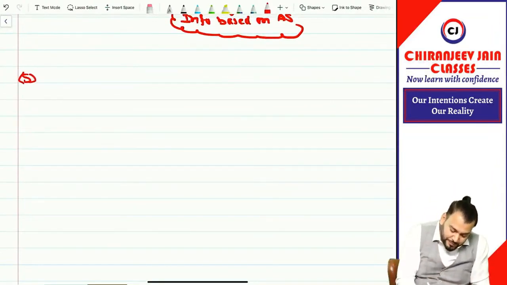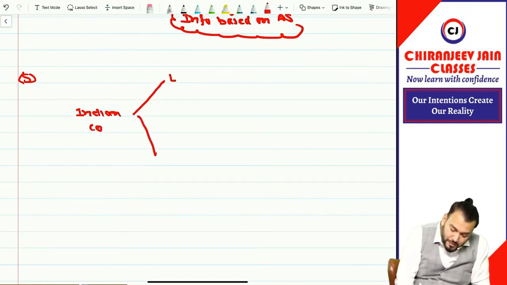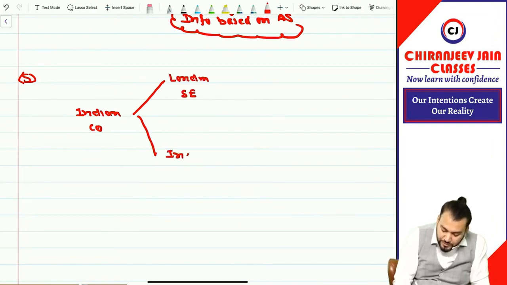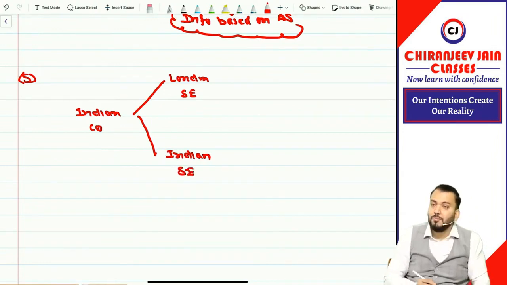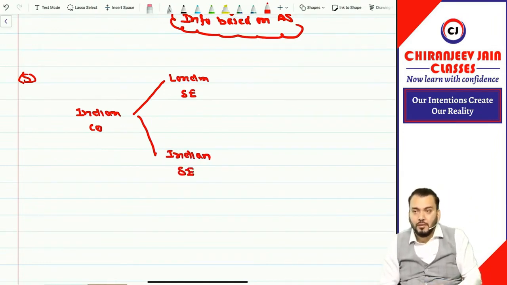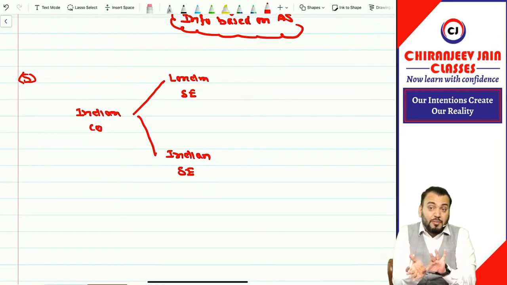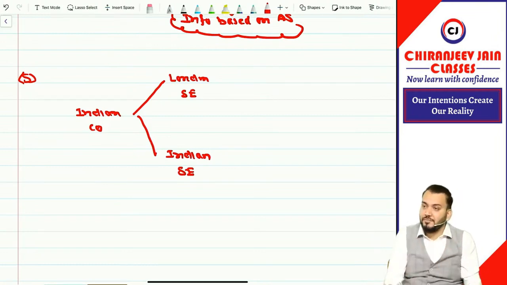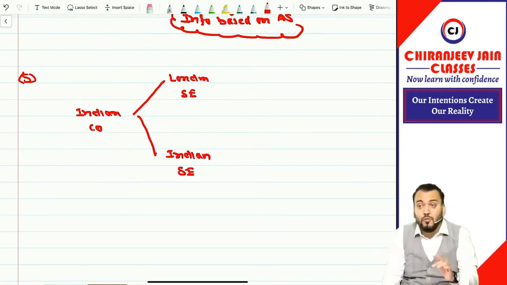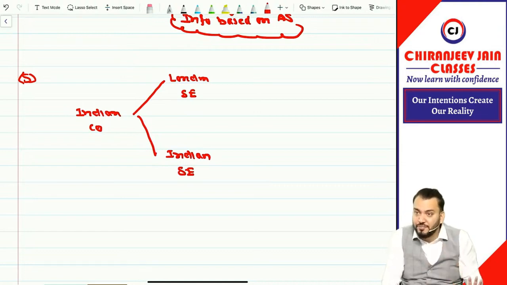Suppose there is one Indian company which is listed on the London Stock Exchange and the Indian Stock Exchange. Quite possible. This I am saying before 1/4/2016. Now they need to fulfill the requirements of both stock exchanges.